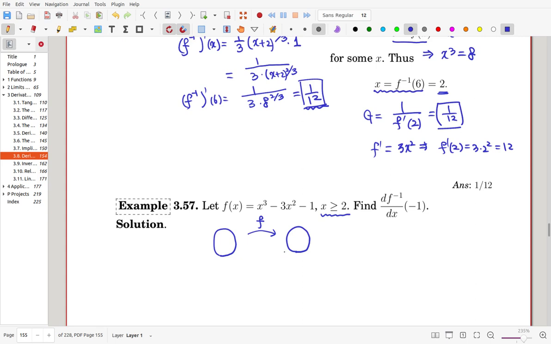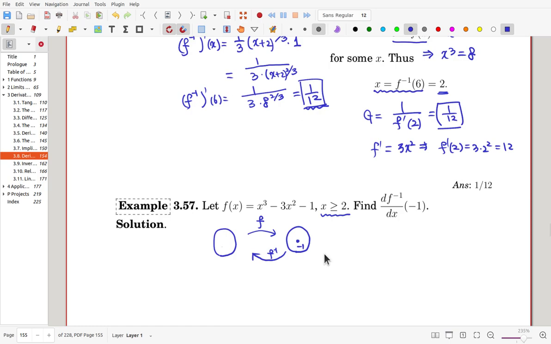Now, f inverse is defined in the opposite direction, so that this is the domain, and that is now the range of f inverse. Here, f inverse is defined here, and we have to find the slope here at -1. One of these points in the domain of f inverse is -1.